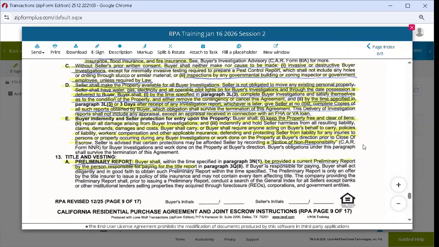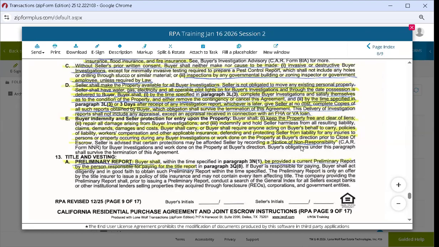But at any rate, the buyer says, Mr. Seller, I'm going to do this. There is a notice of non-responsibility that the seller can file so that they're not responsible for paying whoever that contractor was, and everybody's notified of that. So that's all I want to point out on this paragraph, okay?